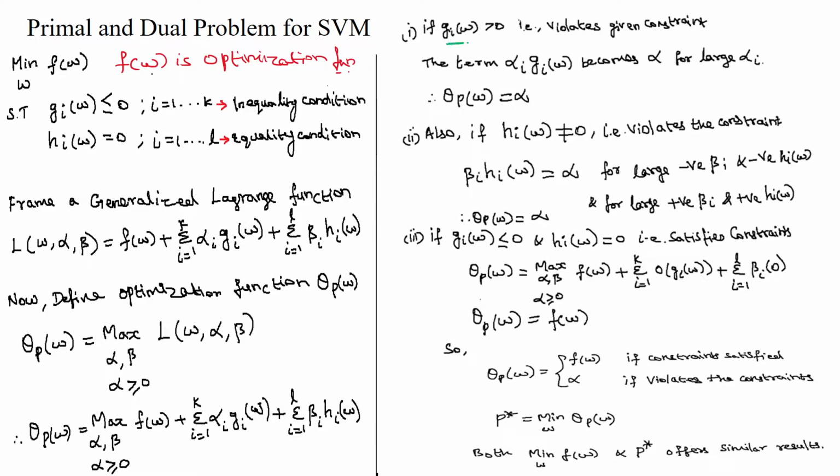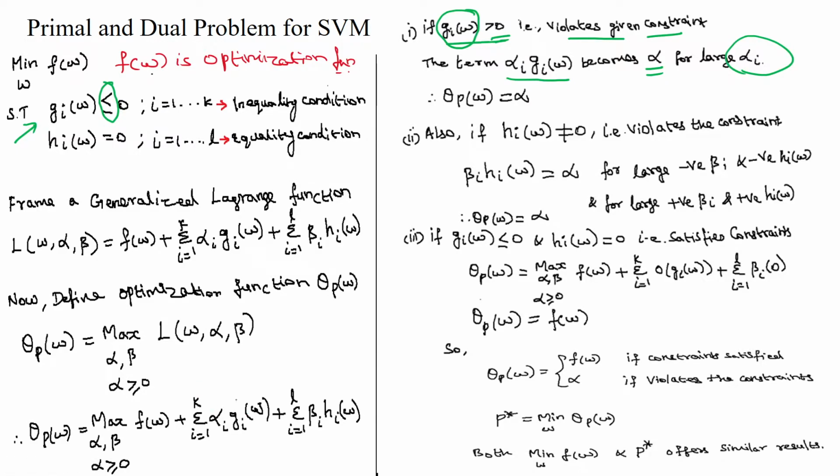The first case is gi of w greater than 0. When gi of w is greater than 0, it does not satisfy the condition, because the given condition is gi of w less than or equal to 0. If we get greater than 0, then it violates the constraint. So the term alpha i times gi of w becomes large for large alpha i.